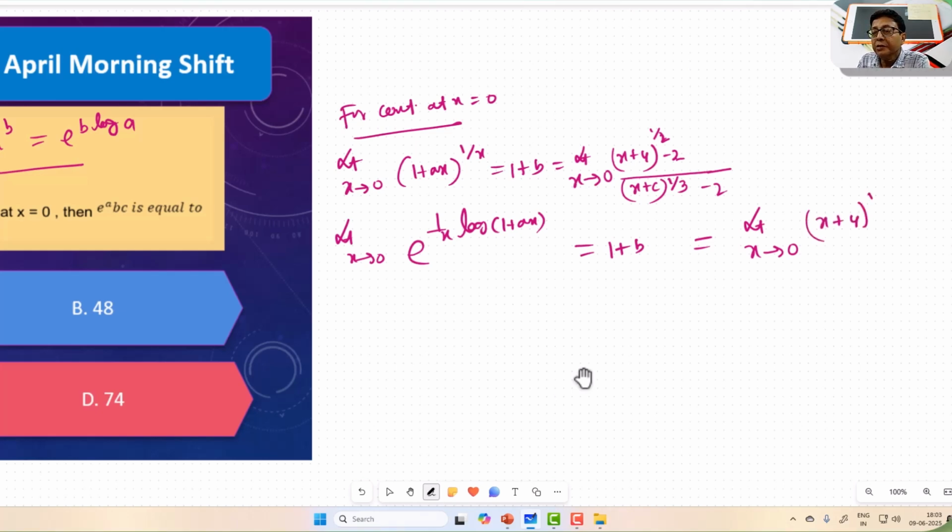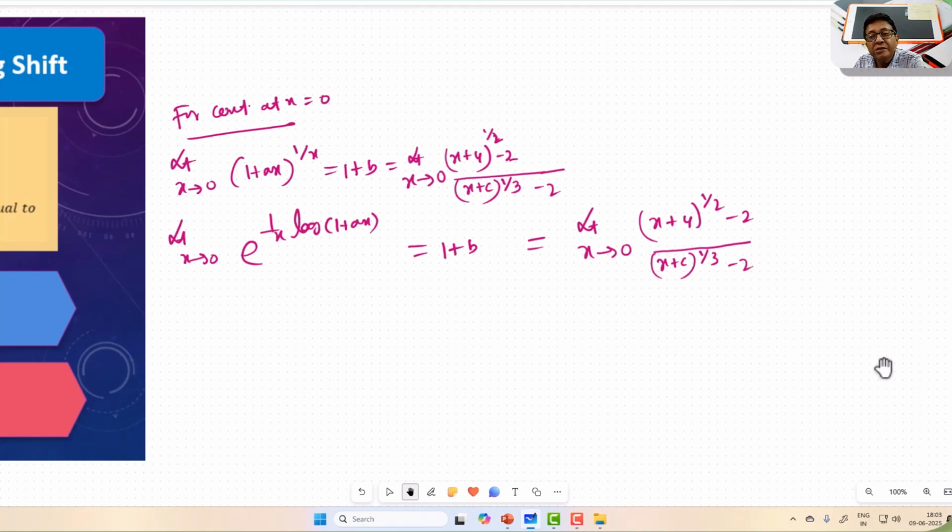See, if it is a limit and it has finite value, a, b, c, all of them have finite value, then it is quite obvious that this limit is solvable. It means we can evaluate. But evaluation, the normal method is to rationalize the numerator, rationalize the denominator, and then proceed. But then it will be very big. Instead, I will be using the concept which you have learned in L'Hopital rule.